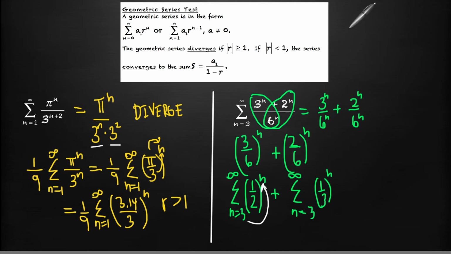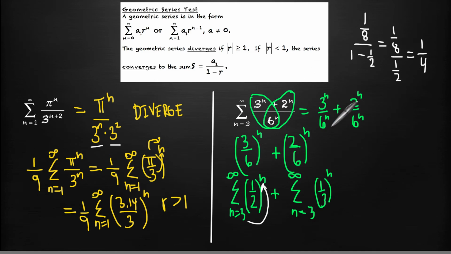So our a1 is 1/8 over 1 minus r. r is 1/2. And so we end up getting 1/8 divided by 1/2. And that's simply going to be 1/4, because you flip and multiply, and you will get 1/4.